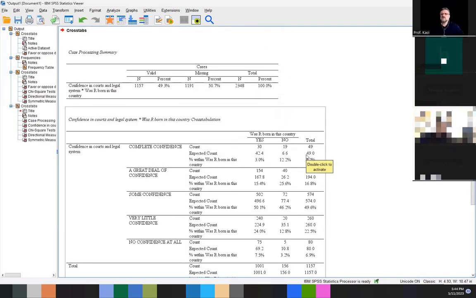I did those step by step so that I can show you that you first need to understand the table and interpret those percentages rather than go straight to the chi-square and say, oh, okay, the p-value is smaller than 0.05, case closed, reject null, accept alternative, and that's it.